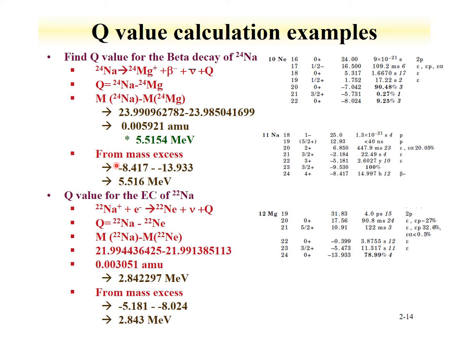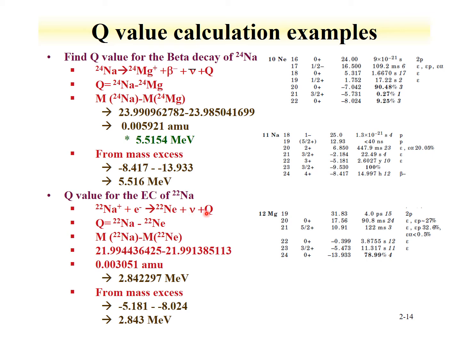If we do go from the mass excess values, we can pull up the information from here. We can calculate the mass excess. We get close, pretty good agreement. Electron capture of sodium-22: we consider the sodium-22 because this is considered positive, right? It's capturing its own electron. So let's make it all one atom.